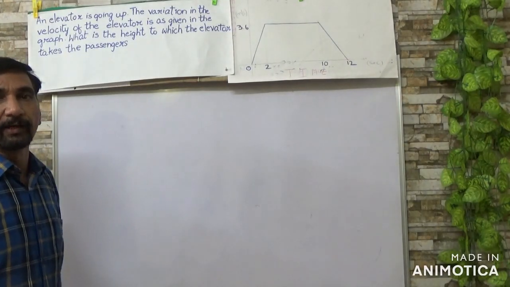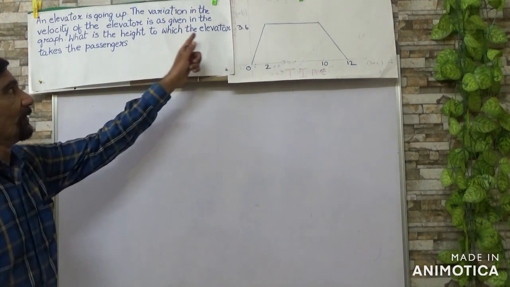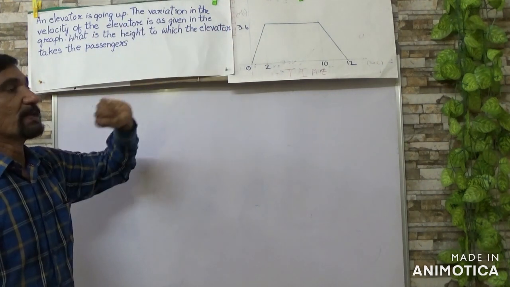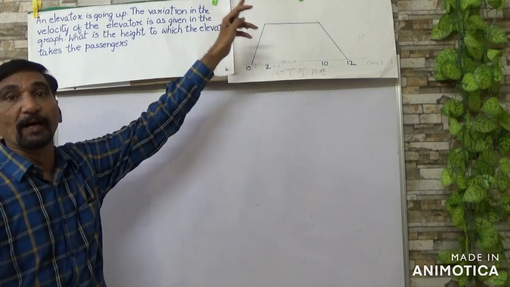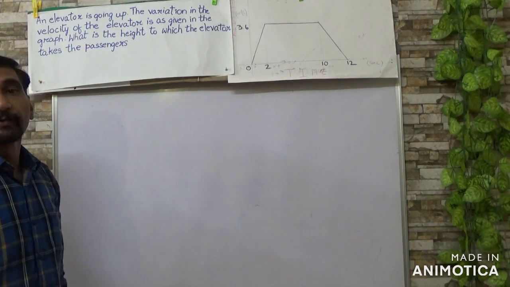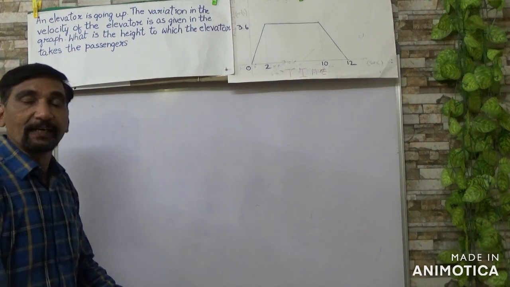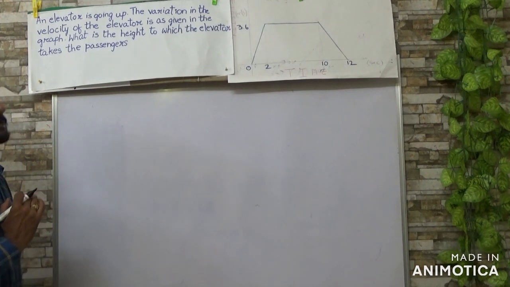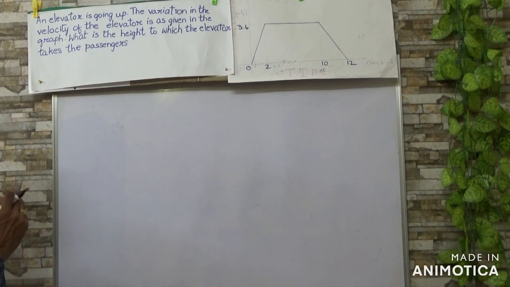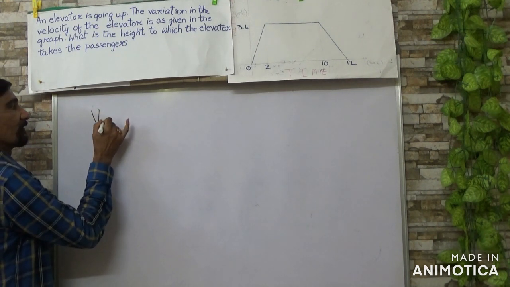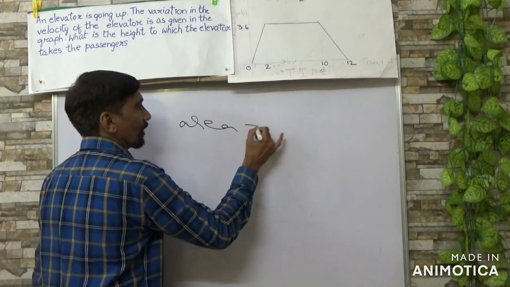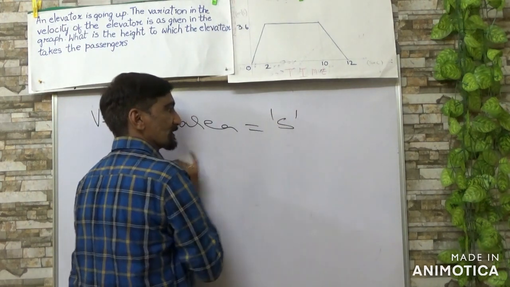Now about the given problem, there is an elevator which is moving upwards with certain speed, that is 3.6 meter per second. Okay, so you want to know the height raised by the elevator after 12 seconds. Nothing but you can say its position, height. Okay, so you know in a velocity versus time graph, area is always equal to displacement.